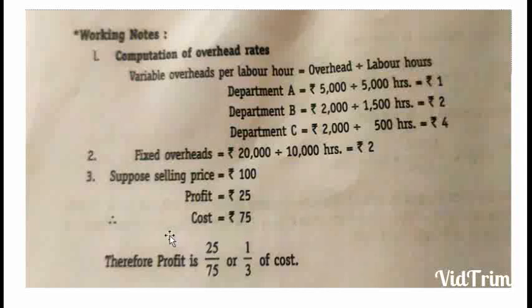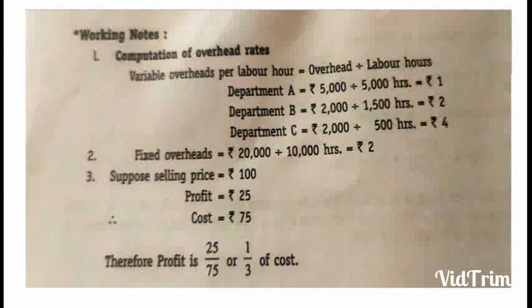As in this problem, you know the cost, you don't know the selling price. So the formula will be profit divided by cost. So what is profit? 25%. What is cost? 75%. So when you simplify, it is 1 by 3. So 25 ones are 25, 25 threes are 75.